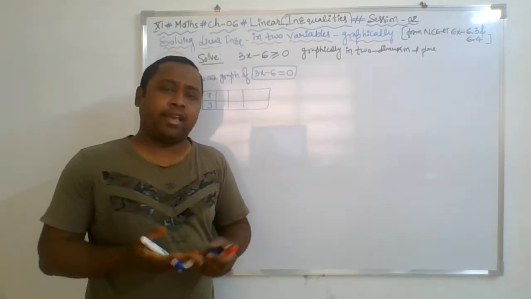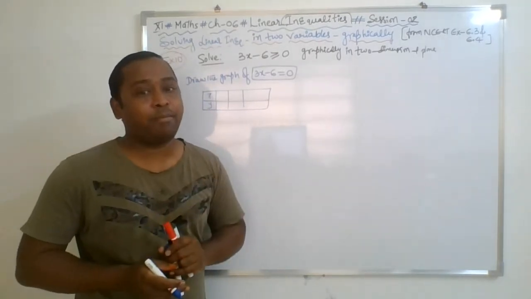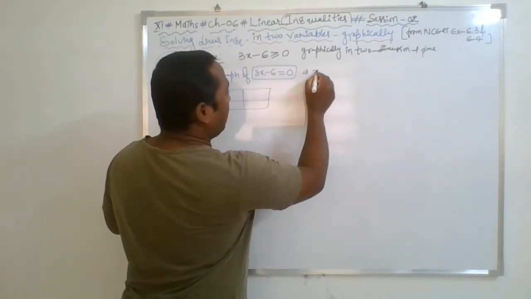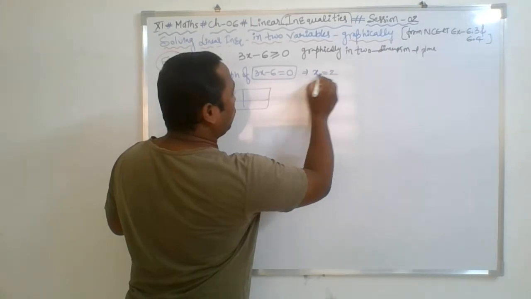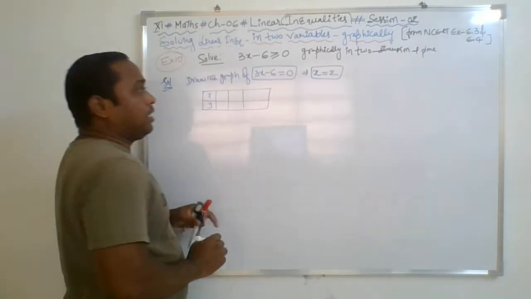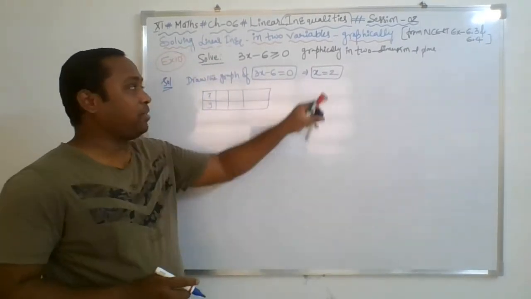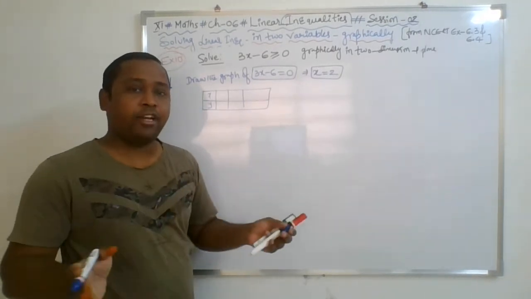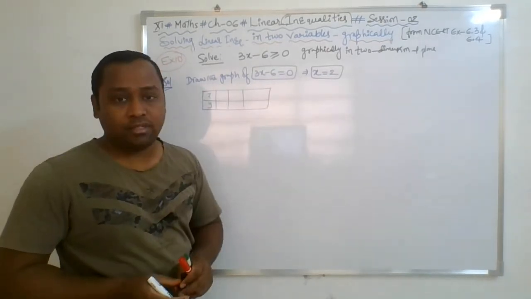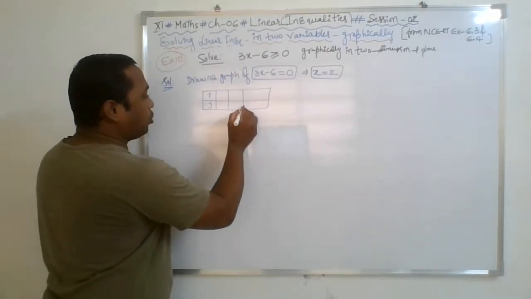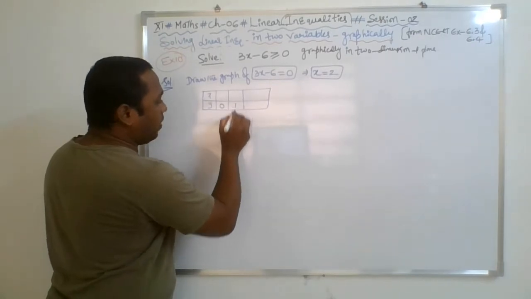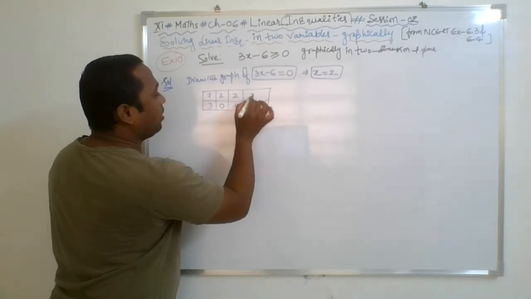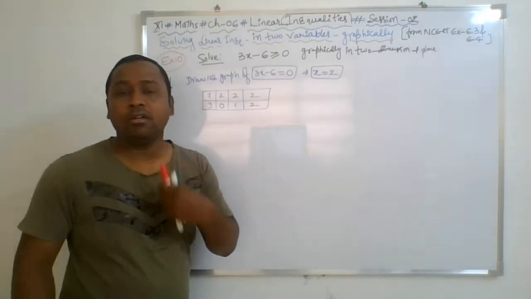So y may take any value, but x will remain the same. Solve this, which means that x is equal to 2. 3x minus 6 equal to 0 basically means x is equal to 2. It means irrespective of the value of y, x is always 2. Whether you put y as 0, 1 or 2, x remains 2 only. It is so simple to get the points.